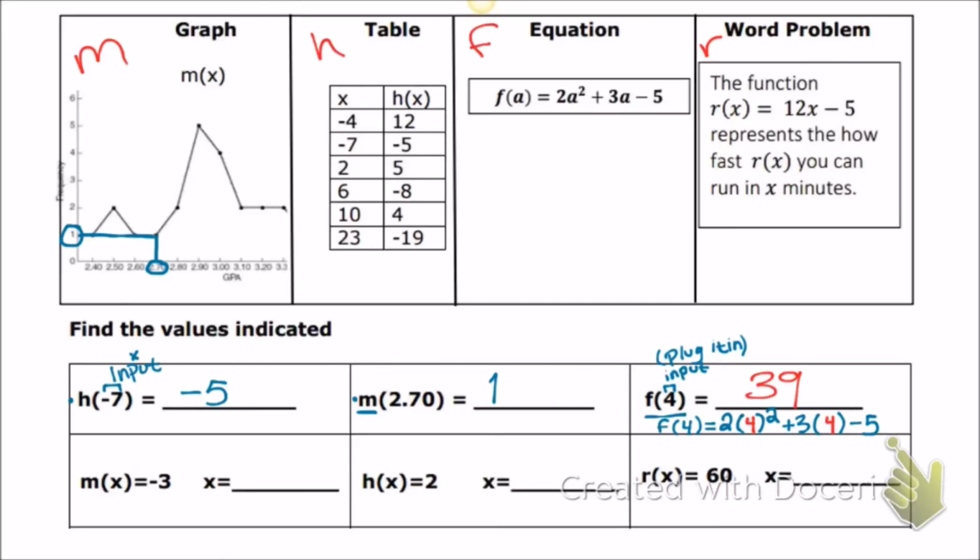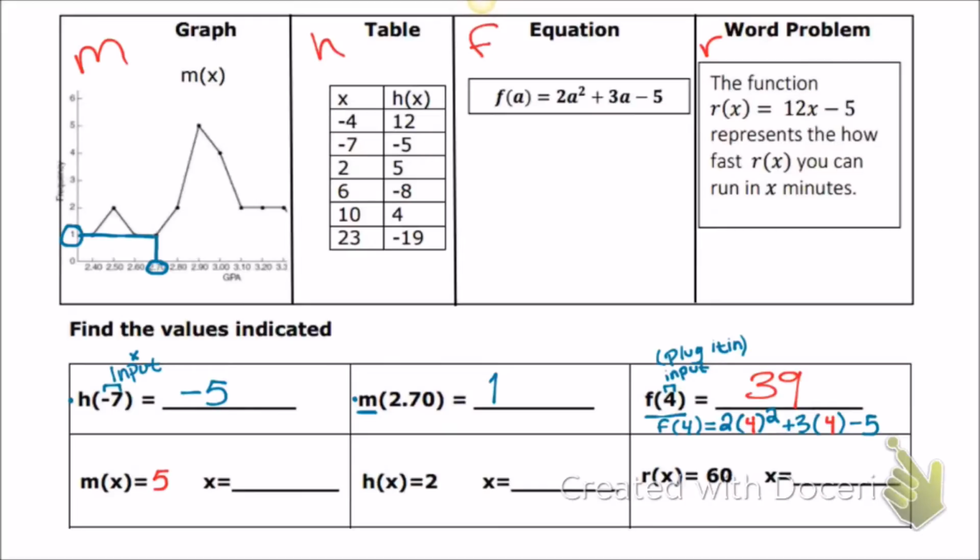Okay, we have M of X, which is right here, -3. Okay, so we don't have a -3 here, right? So this is what I want you to do. I need you to change this -3 into a number 5, okay?